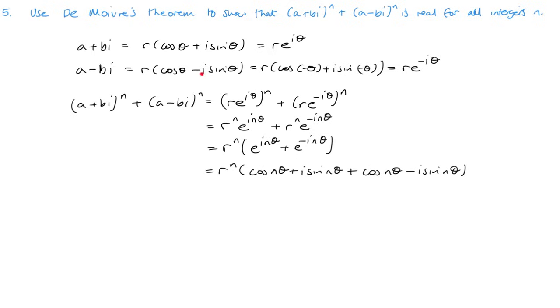Now the signs will cancel with each other, leaving me with r to the n times 2 cos n theta. So we've got 2 r to the n cos n theta, which is real because our imaginaries cancelled, so it has to be real. And there we have it.